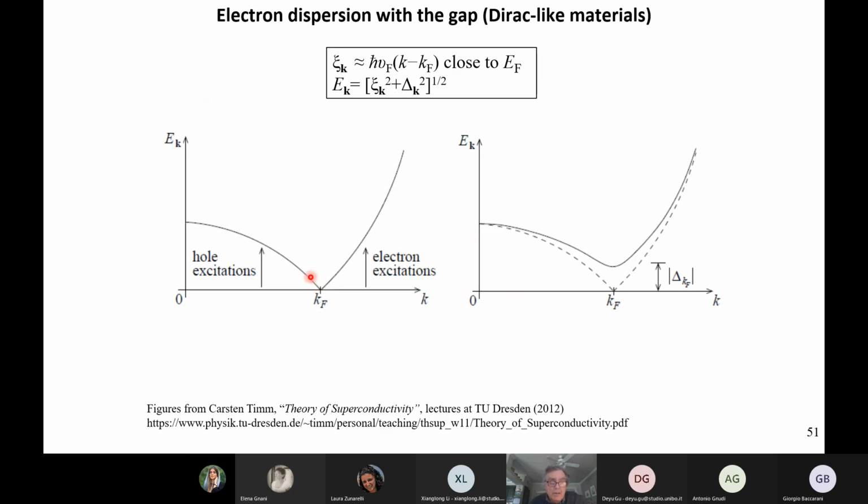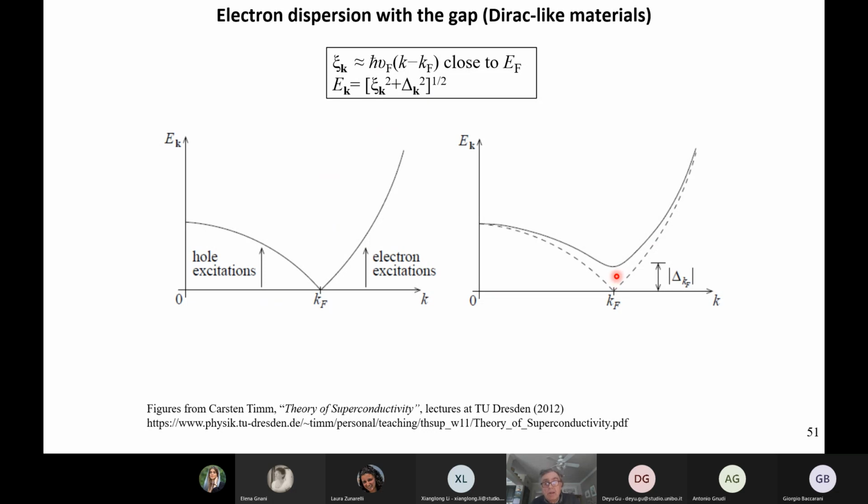So what you can see is that if we look at this, this is the Fermi energy, this is some parabolic dispersion, and all excitations are electrons when you go above the Fermi wave vector. Instead of having this point here, you open a gap. So your dispersion will be different because now you open a gap at the Fermi surface. This means that once you have this condensate of Cooper pairs, in order to excite them you need to provide an excitation via perturbation, a scattering process or something, which is bigger than this gap.